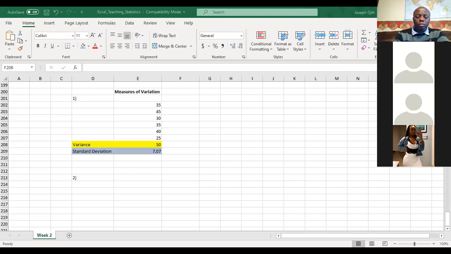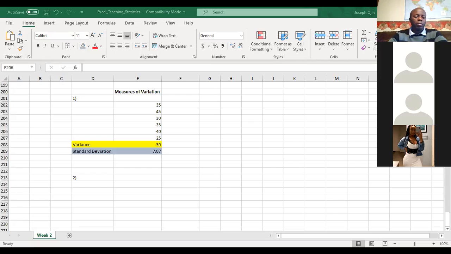Solution. I like to put them in a table form, because that will save a lot of time. So let me make it in the form of a table.